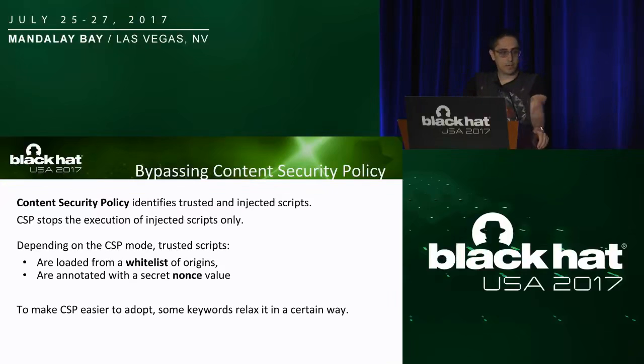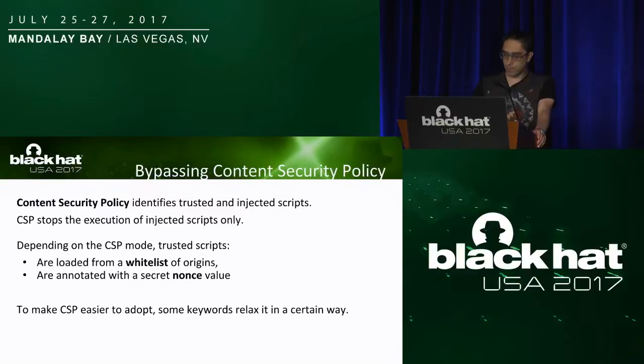If an attacker injects a script that doesn't carry the correct nonce value, it would be stopped from executing. Unfortunately, it turned out that content security policy is pretty hard to adopt on existing websites. So the community came up with a list of CSP keywords that make the adoption a little bit easier at the expense of security.